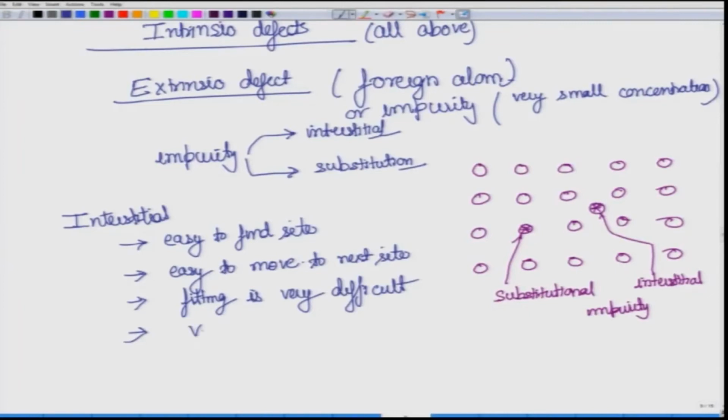So, very large strains exist when we are talking about interstitial impurity. We will come back to interstitial.